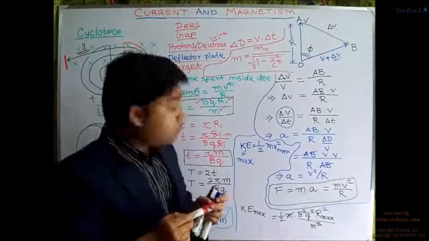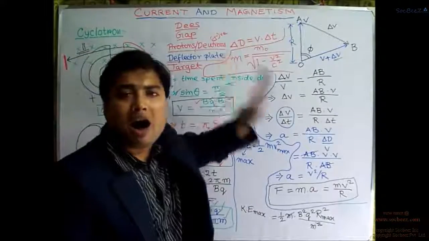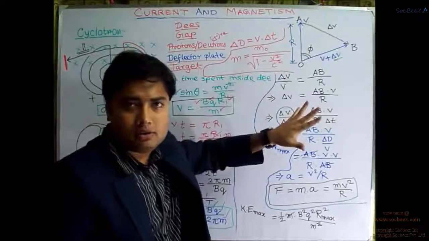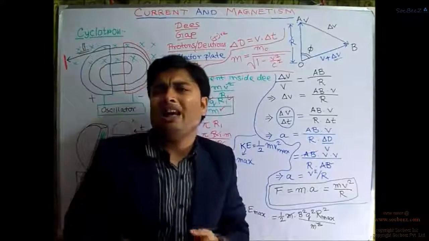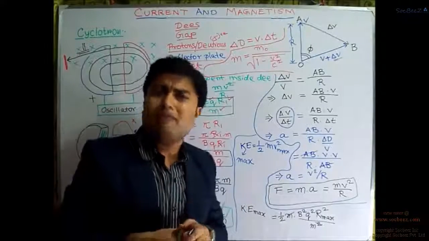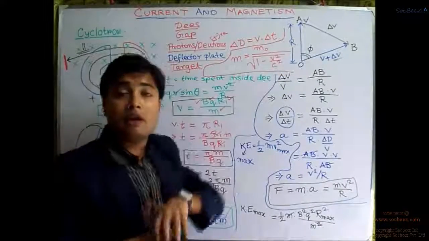Right? Where m naught is the original mass of the particle. So for example, the original mass is, say, only 2 grams. Let us take it for the time being.